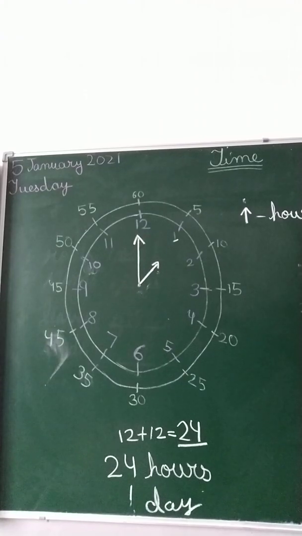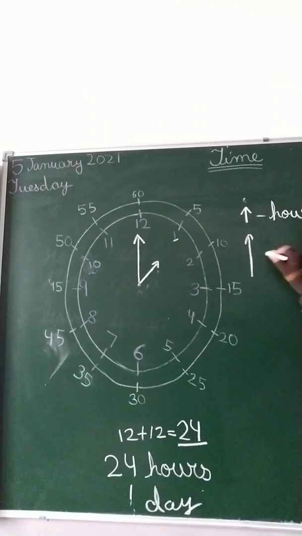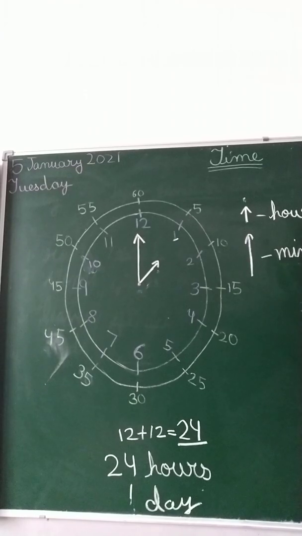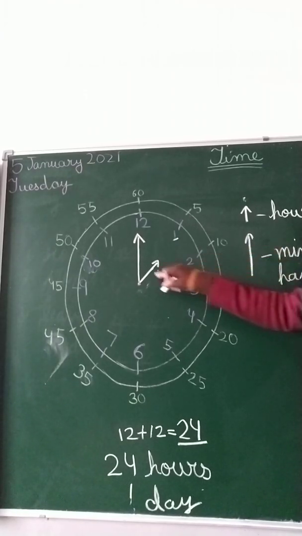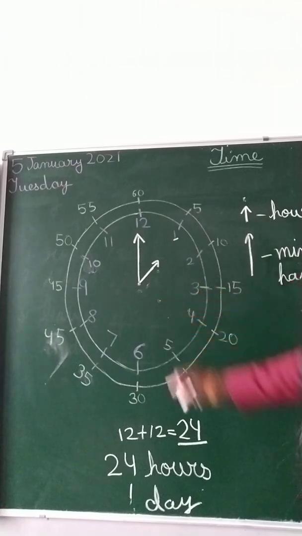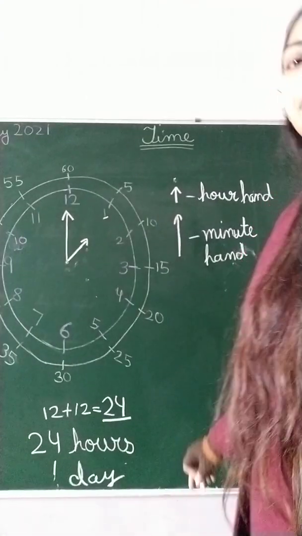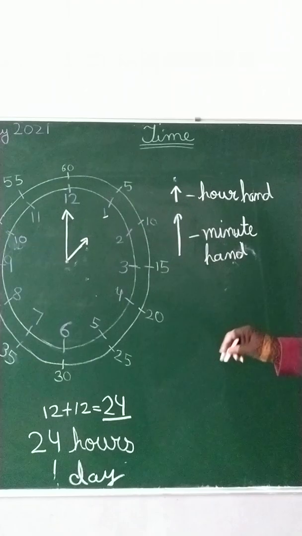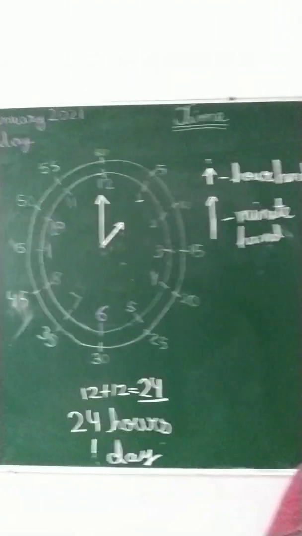Fine. Whereas the hand which is longer is known as the minute hand. So we have 2 hands. We have one short hand and the other one is the minute hand, the longer one. I hope that much is clear to you all.